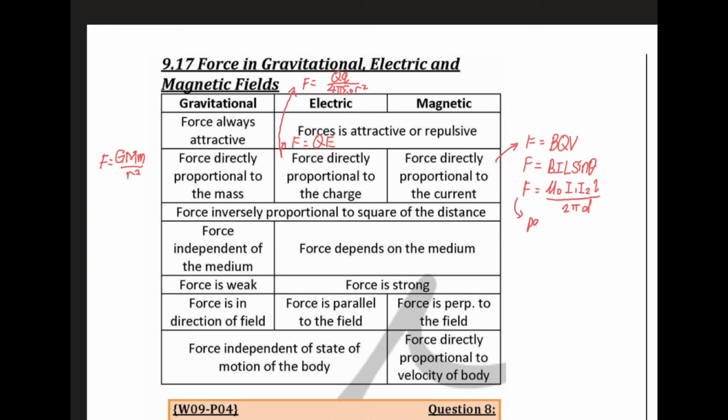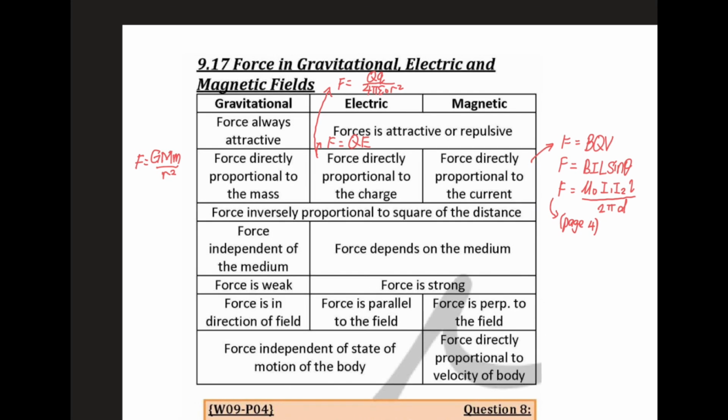The reason that I put this is because I want you to know that there are similar formats. Gravitational force, product of masses over r squared. Electric force, product of charges over r squared. And then magnetic force, product of currents.